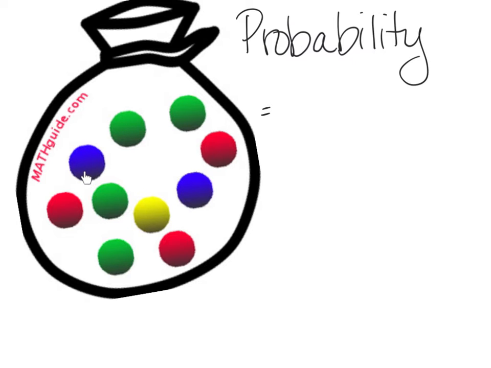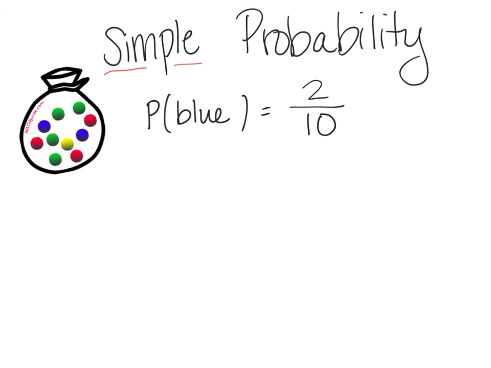Hopefully you can see that there are 2 blue marbles, out of, you have to make probability a fraction, the total number of marbles. So 1, 2, 3, 4, 5, 6, 7, 8, 9, 10 total marbles. So the probability of picking a blue one is 2 out of 10.